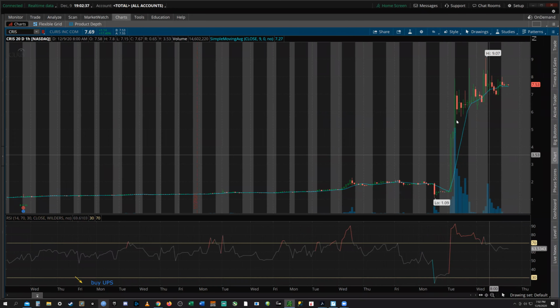But when you go into the microscope of things, it's starting to sizzle right here, and this is slowly going down. I'd have to look at the volume, but I think I see a divergence right there.